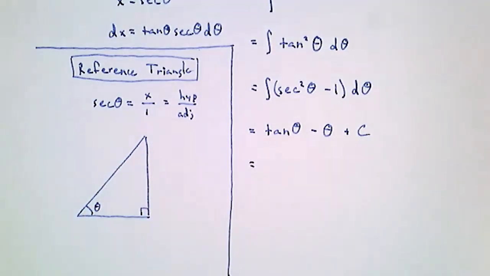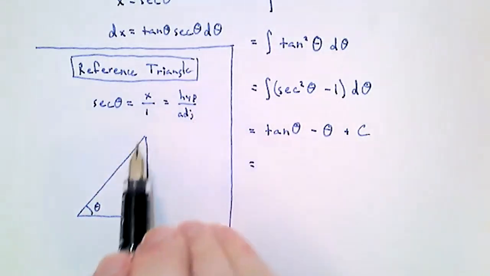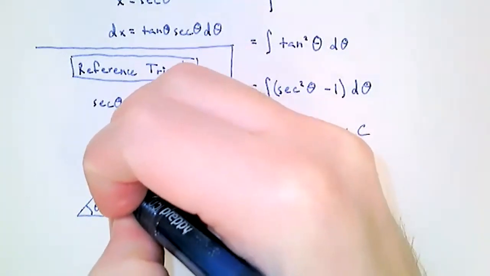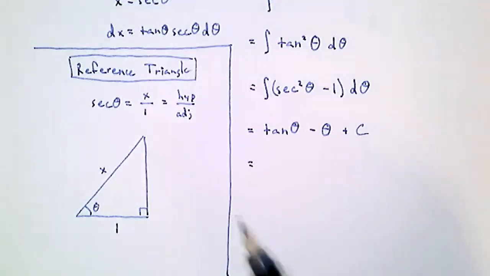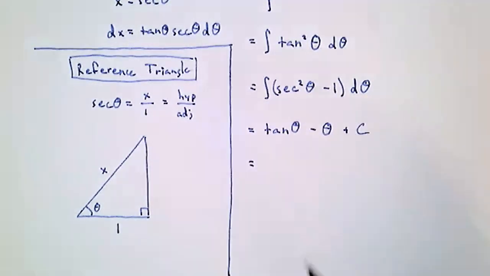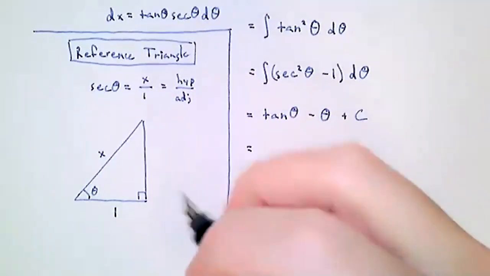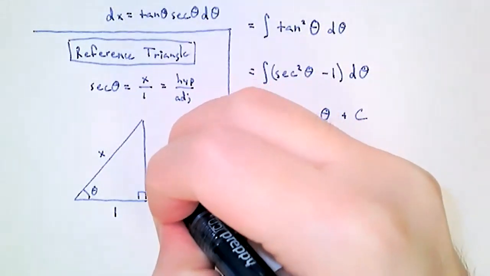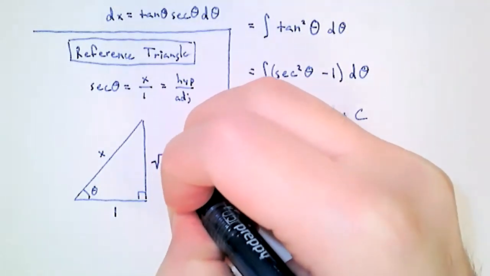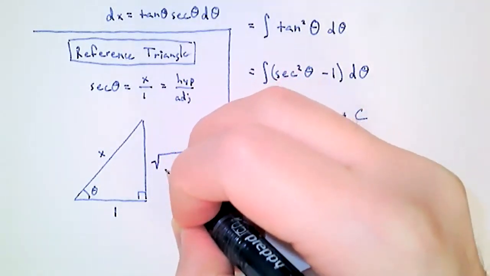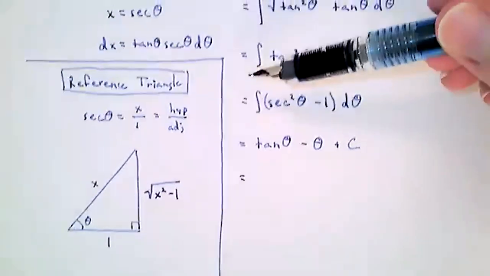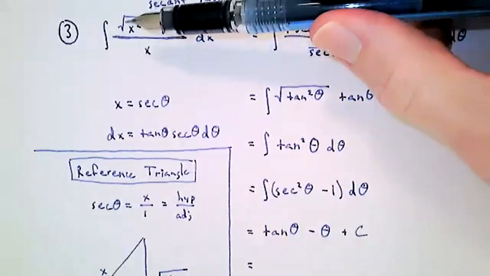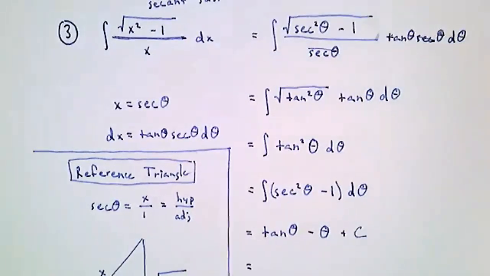Okay, so here's my triangle. I'll fill in the hypotenuse, the adjacent side, and then we can use the Pythagorean theorem to solve for the other one. We don't have very much time, so I'll just go ahead and tell you what it is. This will end up being the square root of x squared minus 1, which in this case was actually the top of our fraction that we started with, if you're following along.